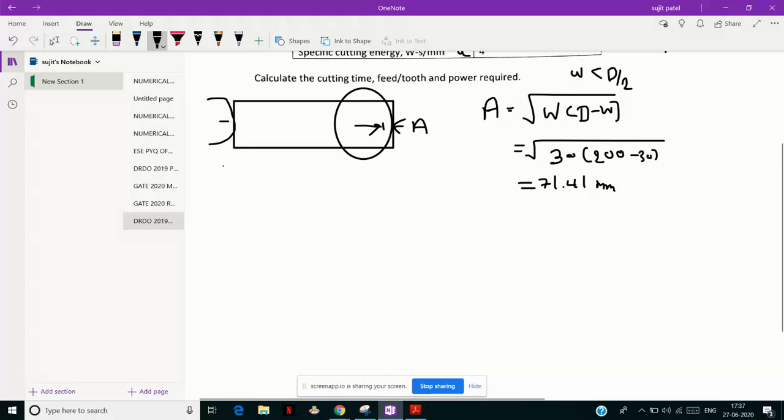Now the total tool travel length, that is L, is the workpiece length plus 2 times the approach length, because we have to give approach initially as well as at the end.